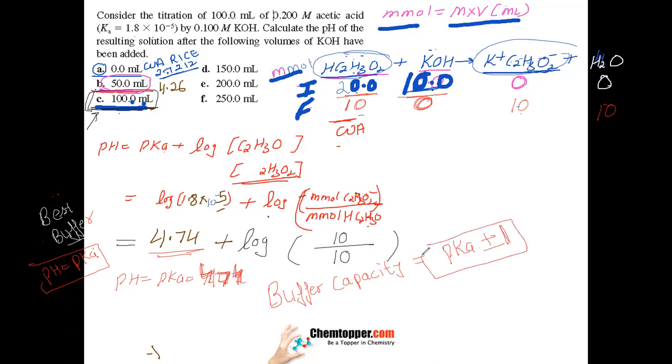Your buffer is going to behave like a buffer, it can control the pH only when the pH of the solution is in this range. If it is equal to pKa, best buffer. But it can control the pH up to +1 and -1 around the pKa.